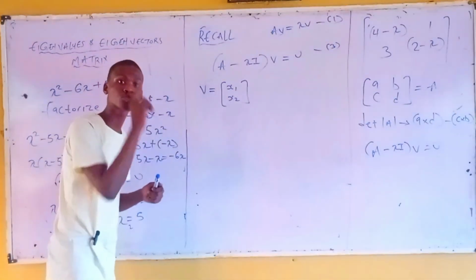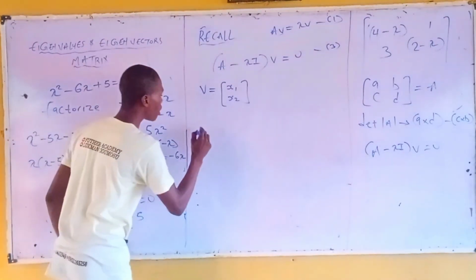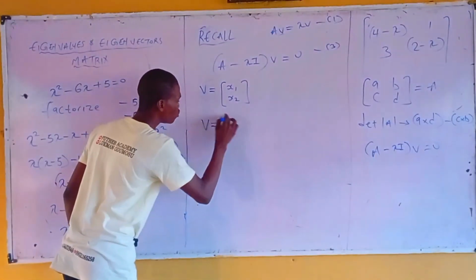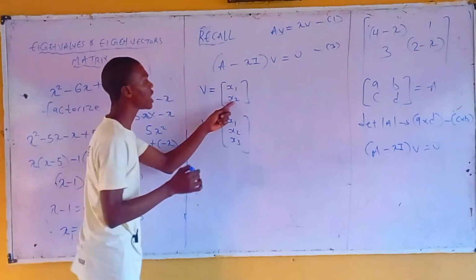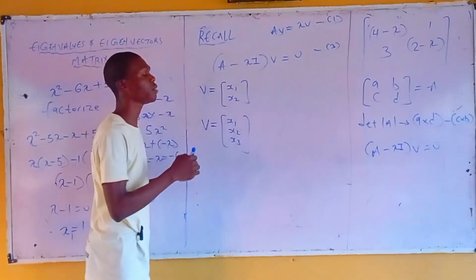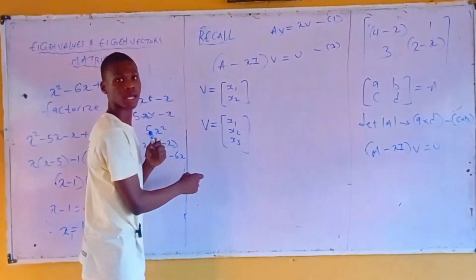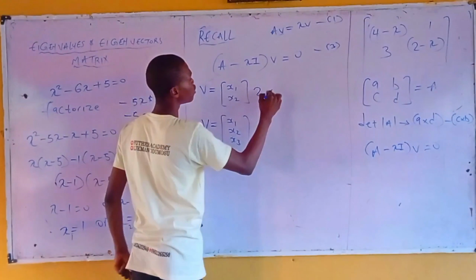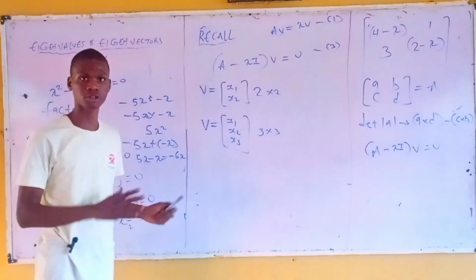In a case where you have a 3 by 3 matrix, V becomes x1, x2, x3, a column matrix. This works for 2 by 2 and for 3 by 3. You understand the concept now?